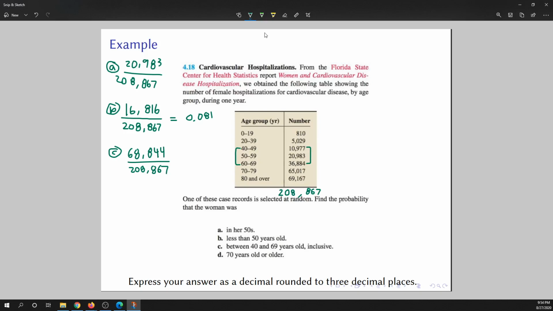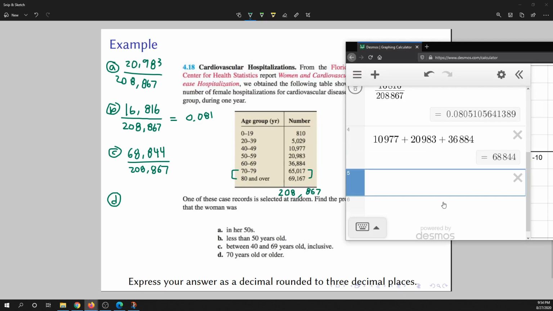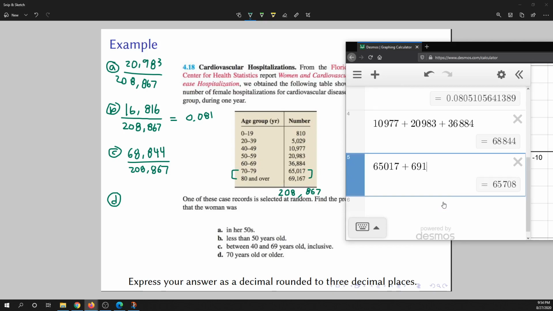All right, part D is 70 years or older. We want to know what's the probability that a randomly selected woman would be 70 years or older. So looking at the categories that satisfy that, it would be right here, these two. So we would add these two numbers and that would go on the top, right, to calculate the probability. So we would add those two numbers together. So that is 65,017 plus 69,167.